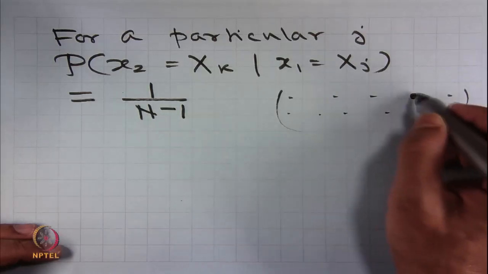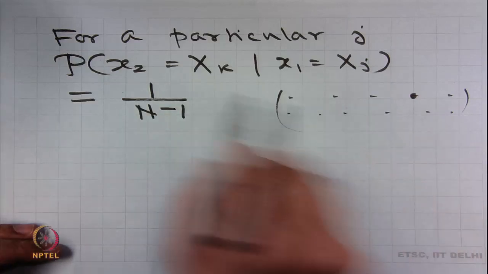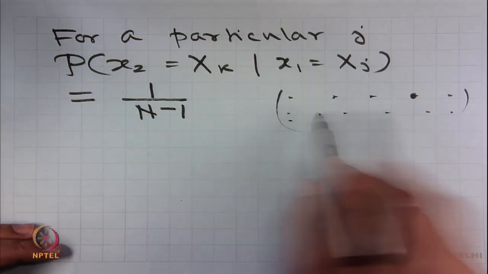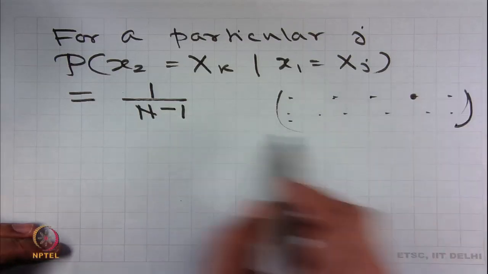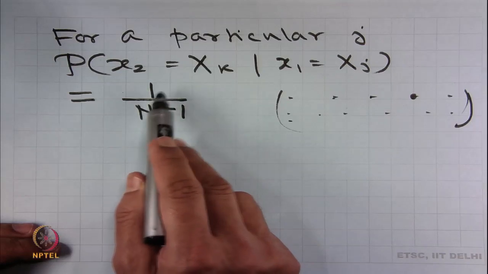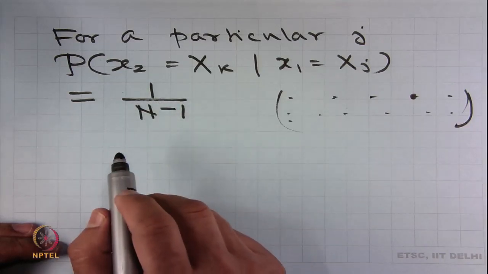The jth one has been taken. Now, there are n minus 1 elements. Out of this, we are choosing one element with simple random sampling, and therefore, all the n minus 1 of them have the same probability. Therefore, it is 1 upon n minus 1.